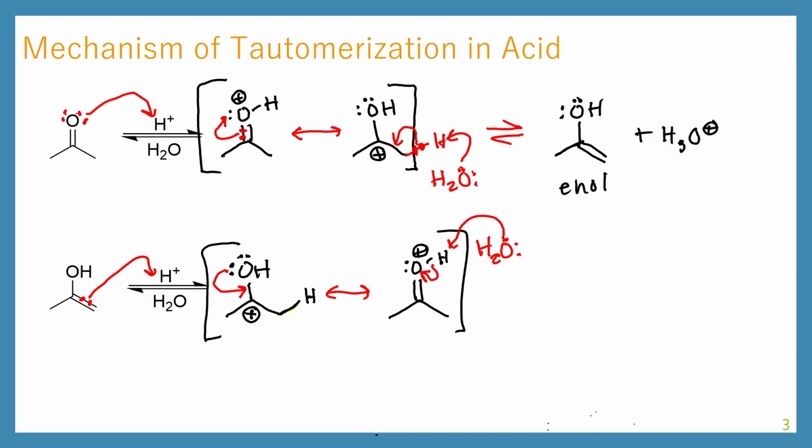So I'm going to break this bond and give those electrons back to the oxygen. And this gives us the keto form plus hydronium. So these mechanisms are exact opposites of each other.